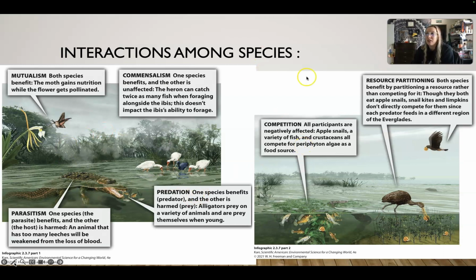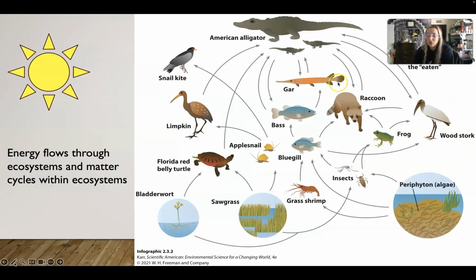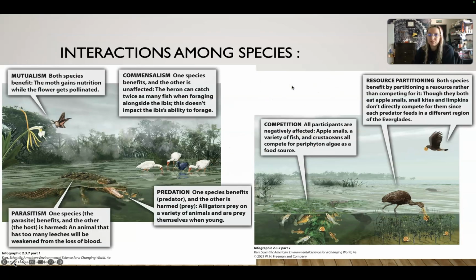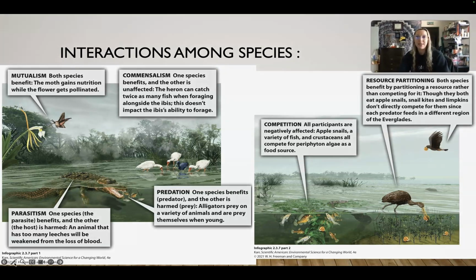And then what we've kind of already talked about are competition and resource partitioning. So be sure to be able to identify the interactions within the Everglades as well as in other ecosystems. So be sure to pause this video or go into your book and be sure to study these interactions closely.